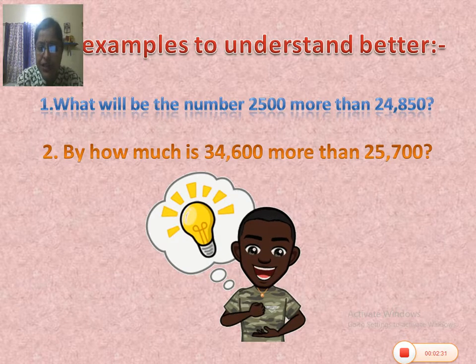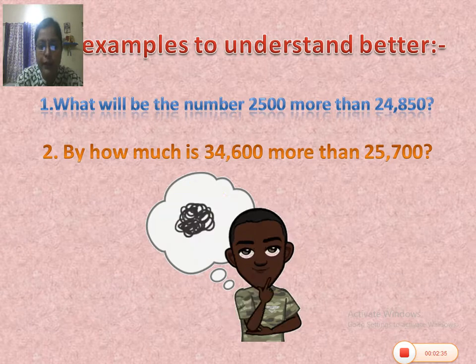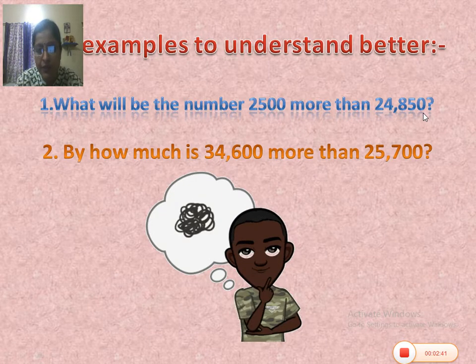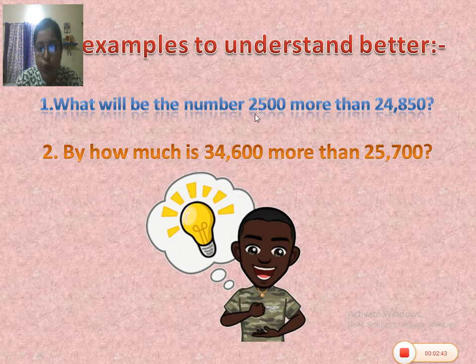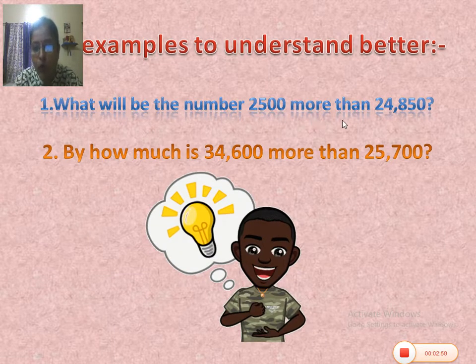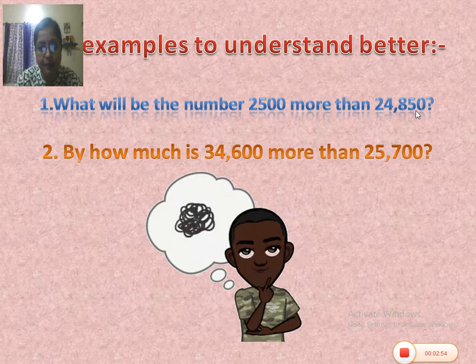In the first question, it's been asked what will be the new number formed if we increase 24,850 by 2,500. That means we are finding 2,500 more than this number, which is 24,850.